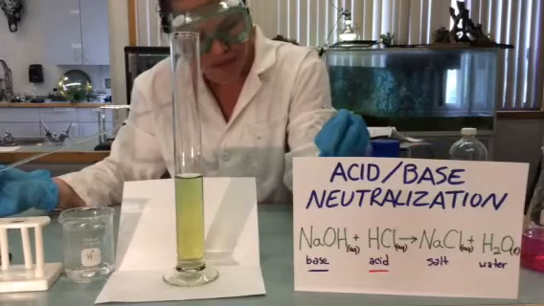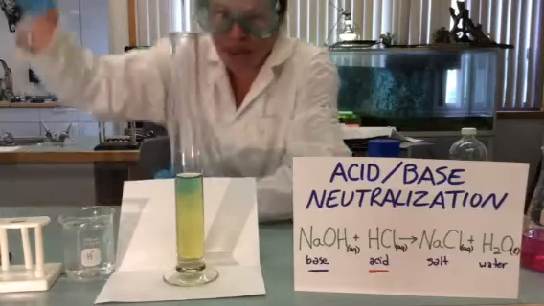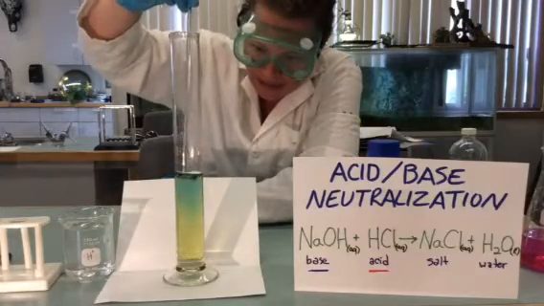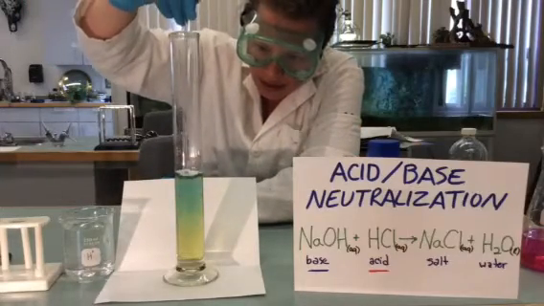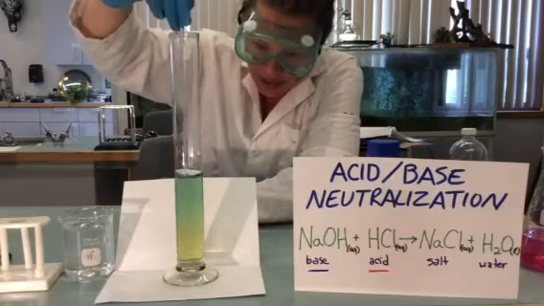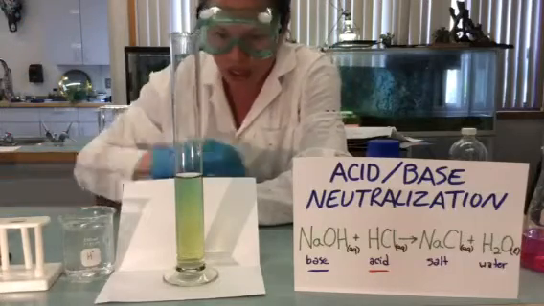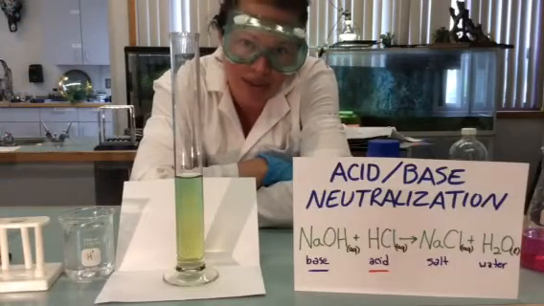One more? One more. We'll call that one good. We got a lot of green in there, so our pH is going to be pretty close to 7, which means we've got an acid-base neutralization.